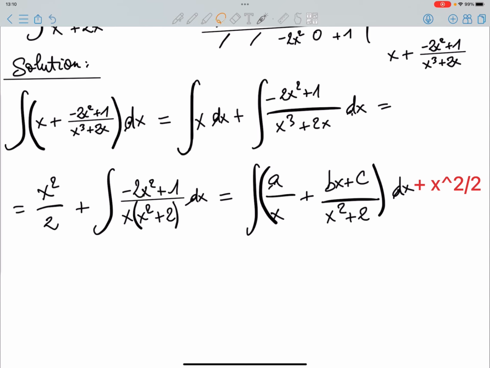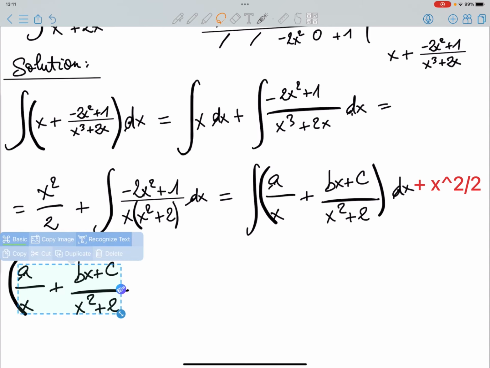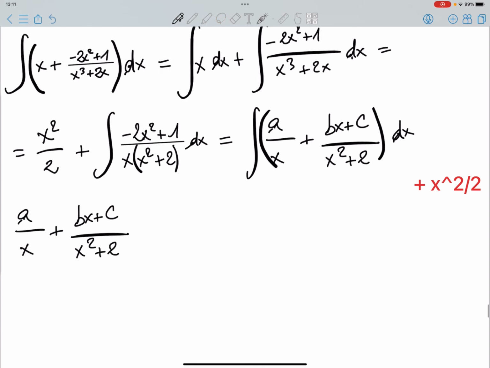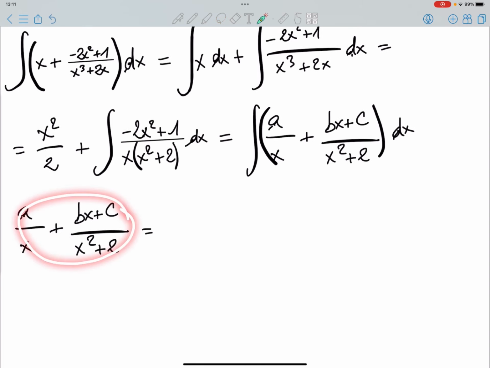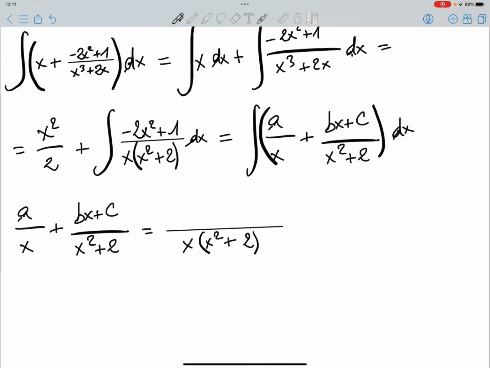So if we copy this, we're going to put this whole thing in a single fraction. So we have x times x squared plus 2, and on the numerator we have a times x squared plus 2, plus x times bx plus c.